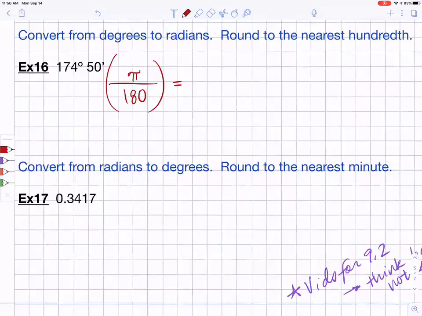Don't put the degree on 180. So you should be typing in, did you type in 174 degrees, 50 minutes?